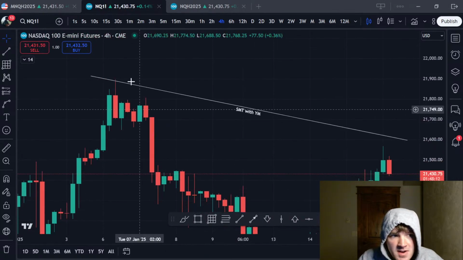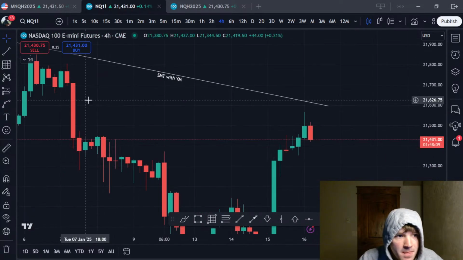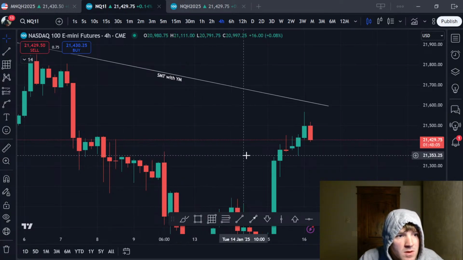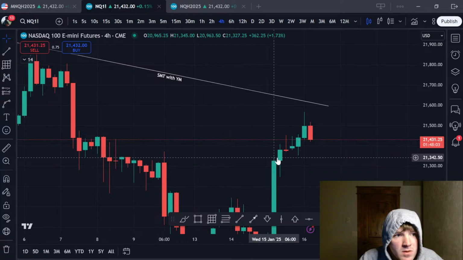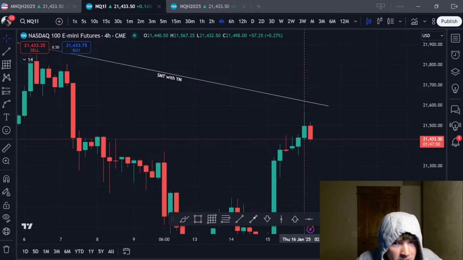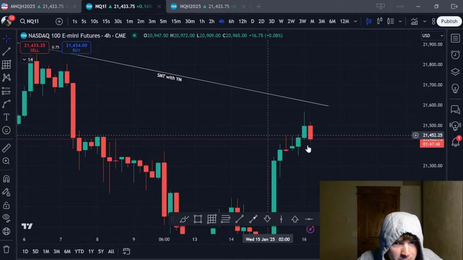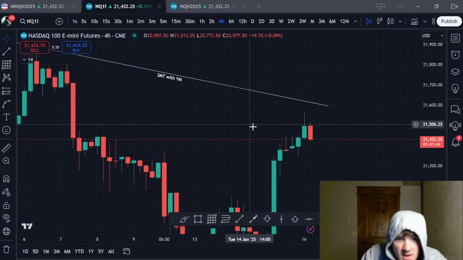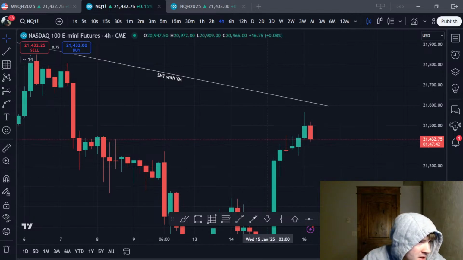It's this high right here on YM. This is almost an SMT with YM right here, but YM did make a higher high, and so did NASDAQ, and so did the S&P.